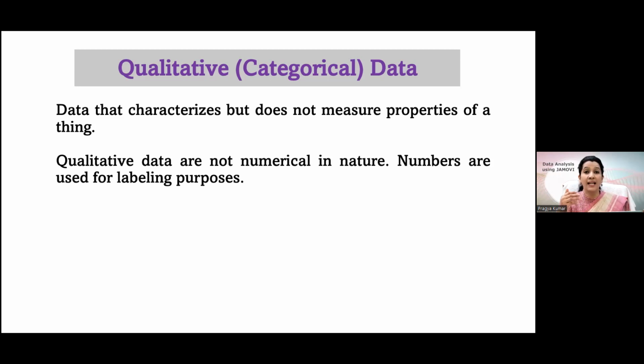Similarly, if you are collecting information on a Likert scale, I hope all of you know what a Likert scale is. You take attitude or perception questions on this Likert scale, like quality of life. My quality of life is not good. How much do I agree with this statement? I will say highly disagree, or somewhat agree, or somewhat disagree.